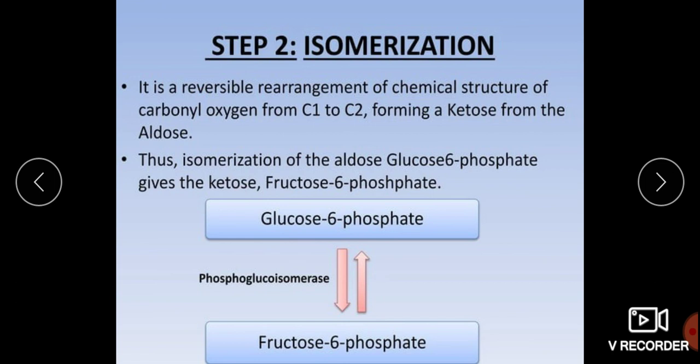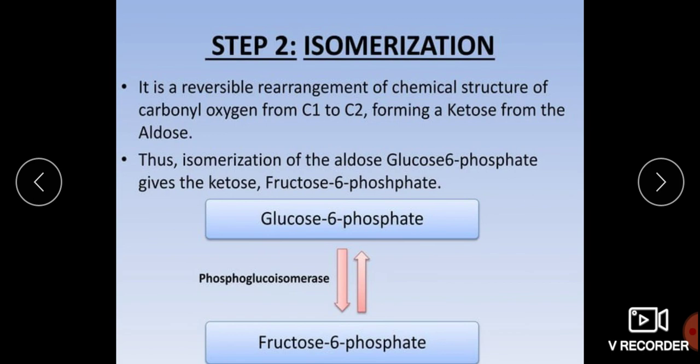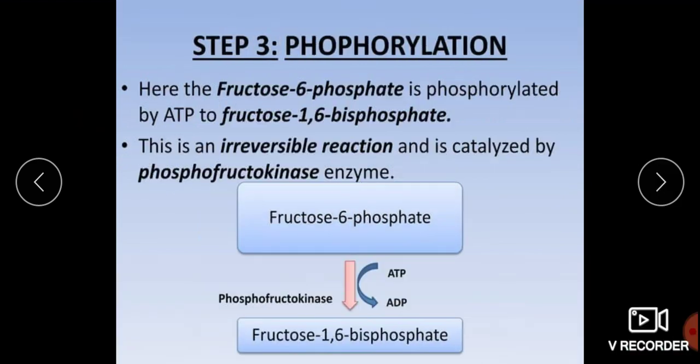This is a ketose and this is an aldose. Glucose 6 phosphate is an aldose and fructose 6 phosphate is a ketose. And these are isomers of each other. They have the same molecular formula but different structural formula. And the enzyme for this conversion is phosphoglucoisomerase. This reaction is reversible, meaning these two compounds are interconvertible.